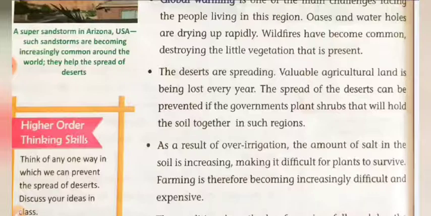So salty water is not suitable for plants or animals and so on. Farming is therefore becoming increasingly difficult and expensive. So anyone cannot grow crops with salty water. So it is a main problem in the desert region.